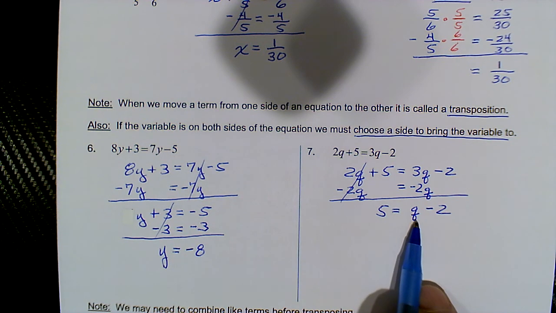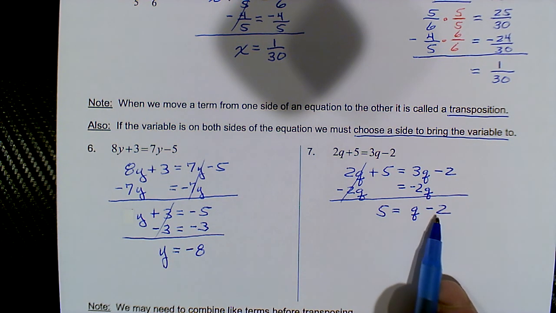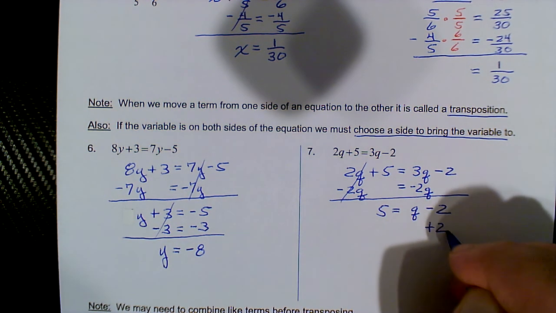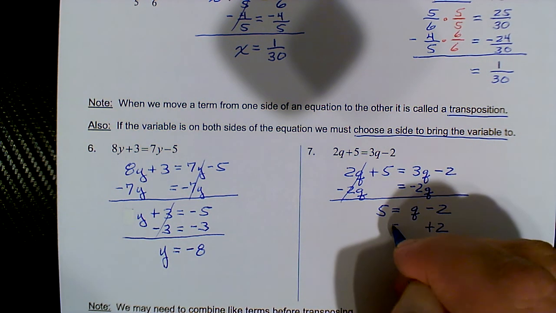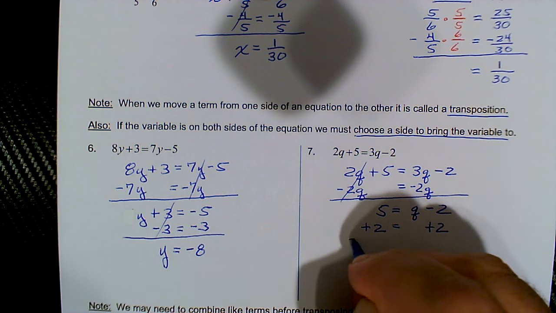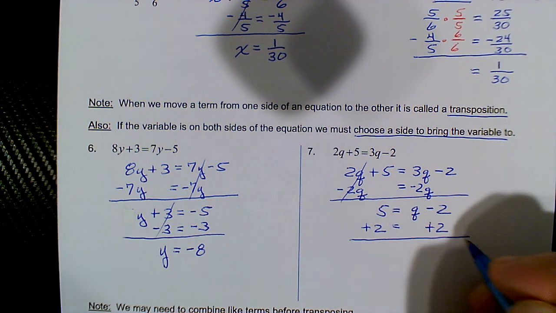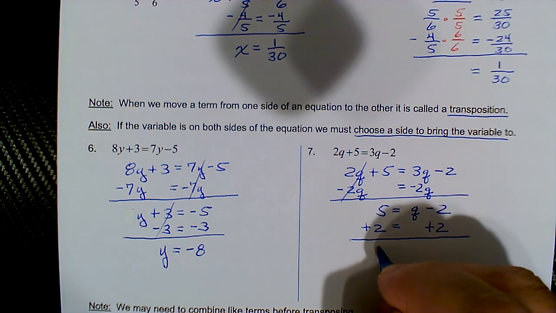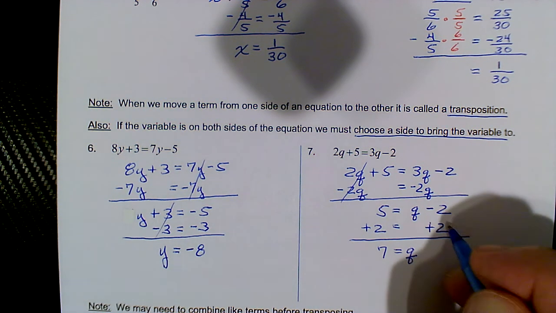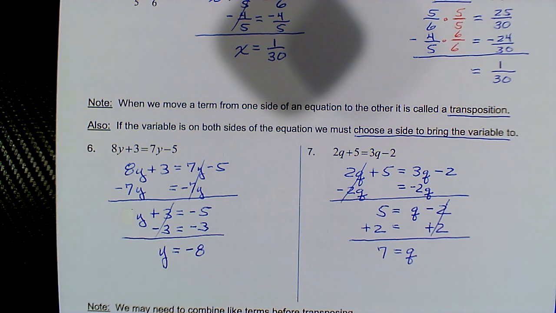It is on one side, and so therefore we're going to need to get rid of the negative 2 in this case, so add the opposite or add 2. And if we add 2 to that side, line up the equals, add 2 to this side as well, draw the addition bar, 5 plus 2 is 7, that equals q, and there's no need to write a plus 0.